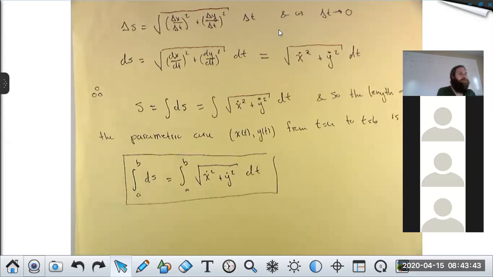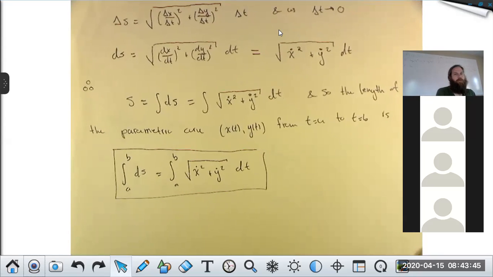So this is our formula to find the length of a parametric curve. In fact, this is a formula that will work to find the length of any graph, because if I give you a curve that is not already parametric, you can parametrize that curve. You can put that curve into parametric form and then apply this formula.